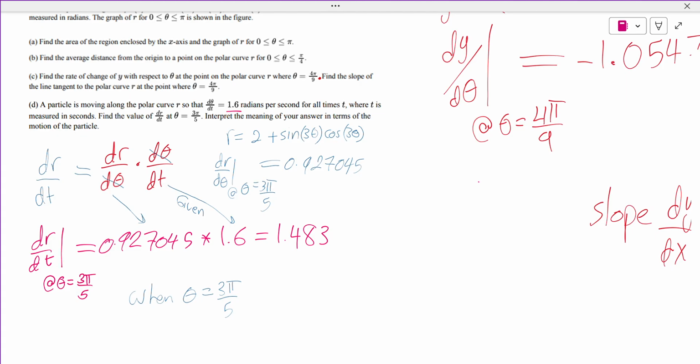When theta equals 3 pi over 5, the particle is moving away from the origin at a rate of 1.48 units per second.